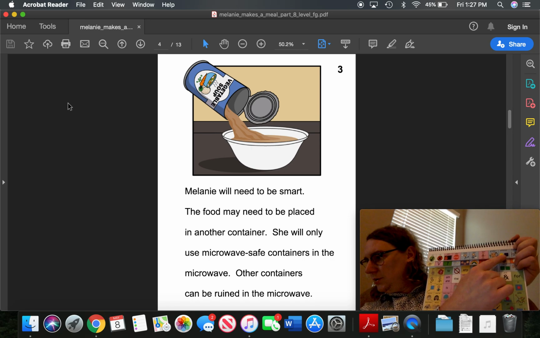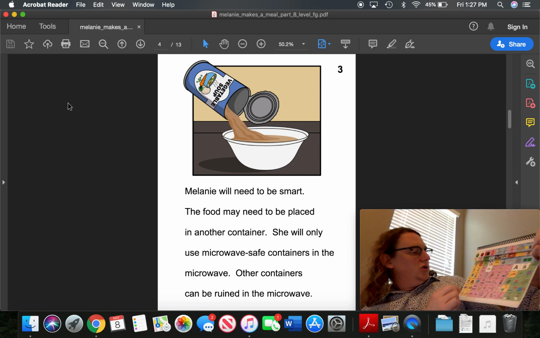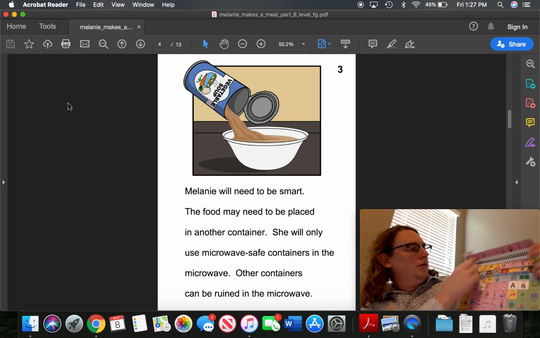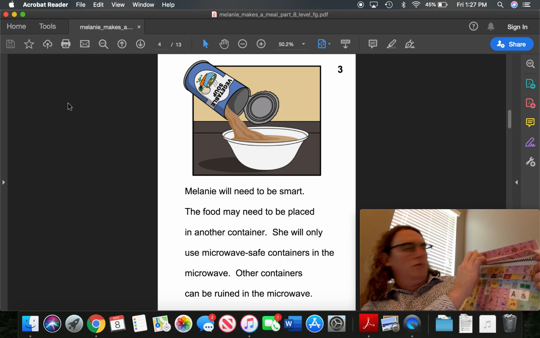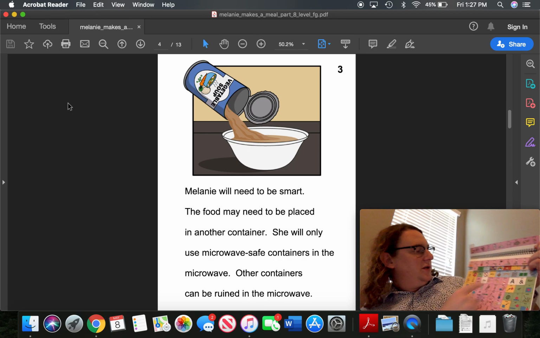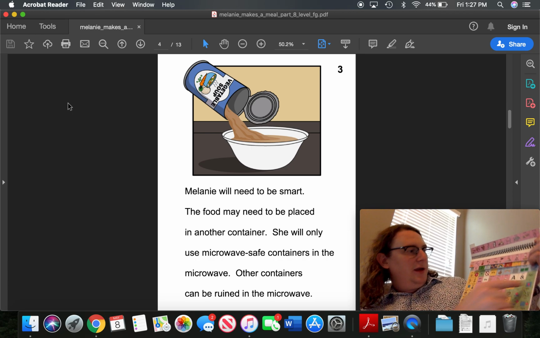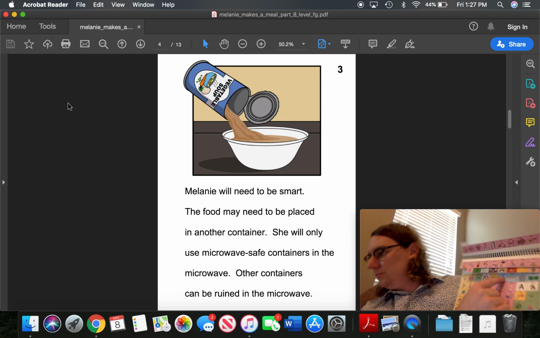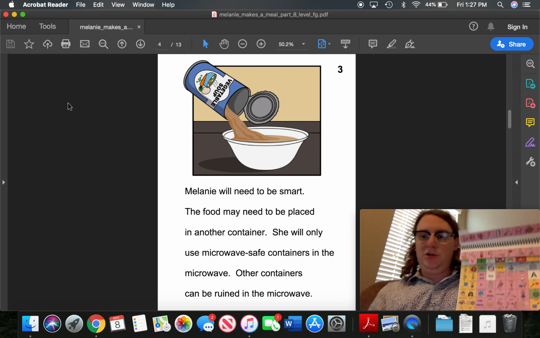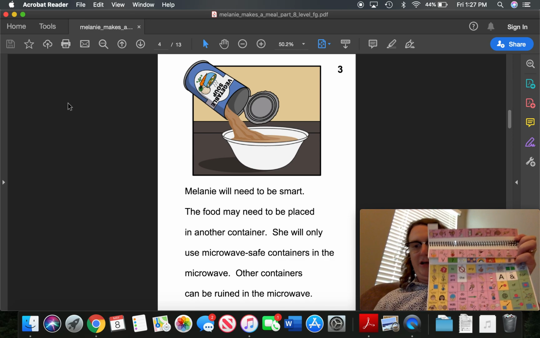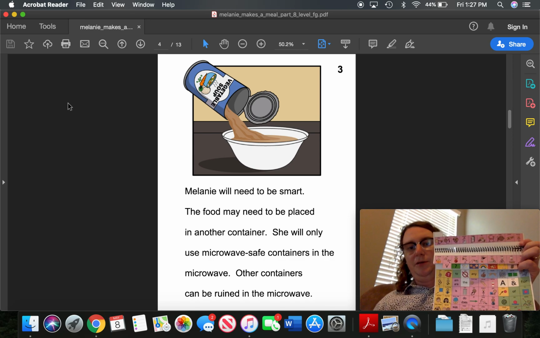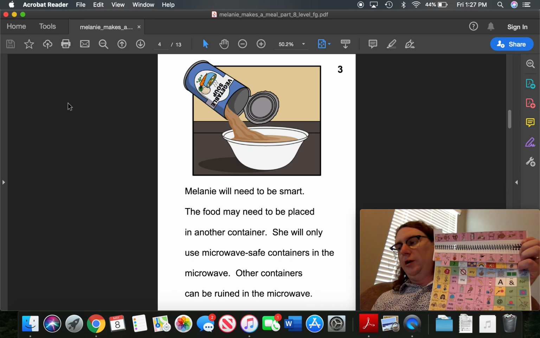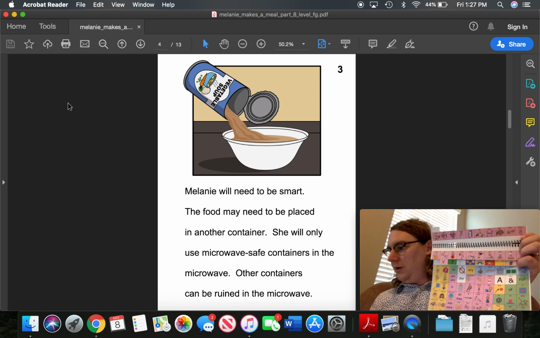Different. She will put it in something good. We'll do that. And just kind of talking about good as a concept that it's something microwave safe, right? So it's something good that can go in the microwave.